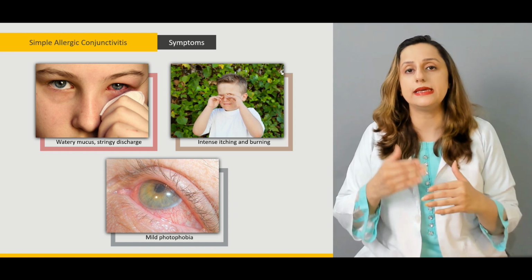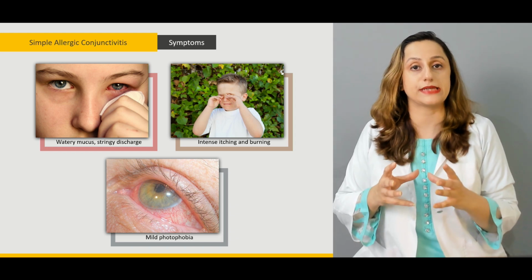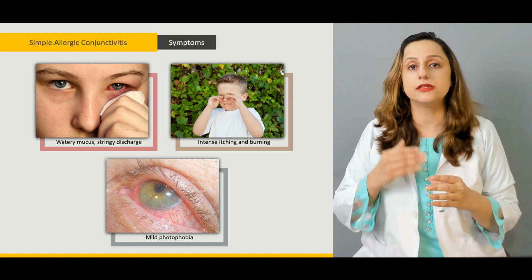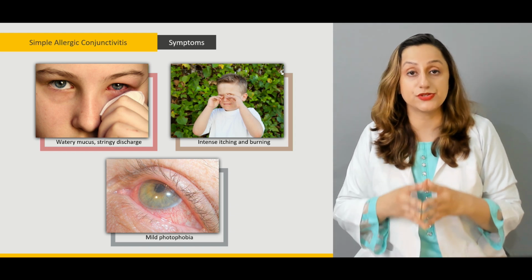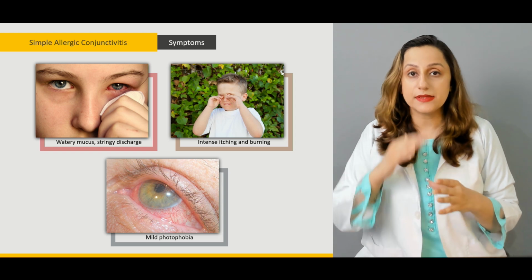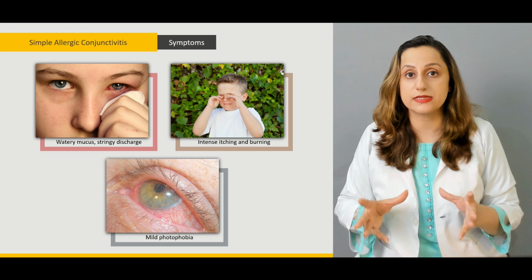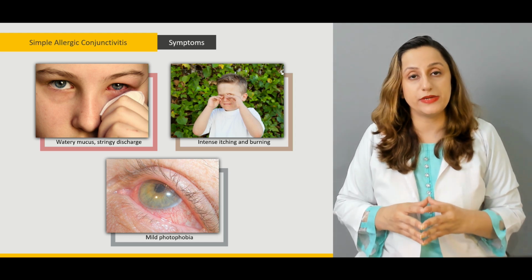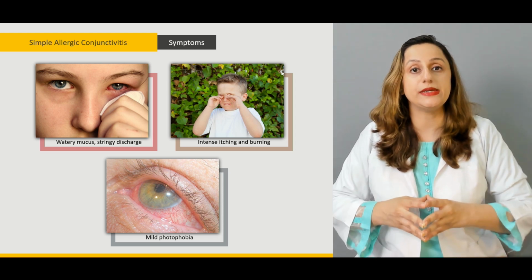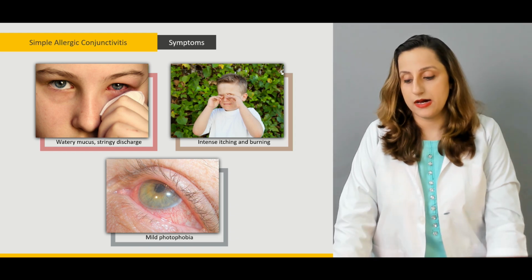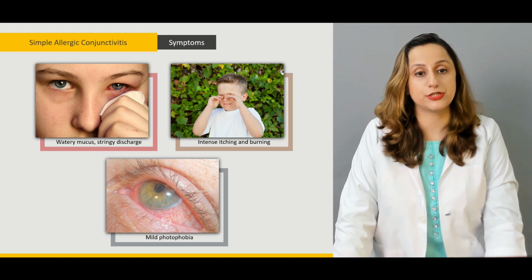So this would be the complete picture of the conjunctiva when we look at it under the microscope. The epithelium, the adenoid layer, the fibrous layer, and the conjunctival vessels would all be affected whenever an allergic reaction bursts up in a particular patient.